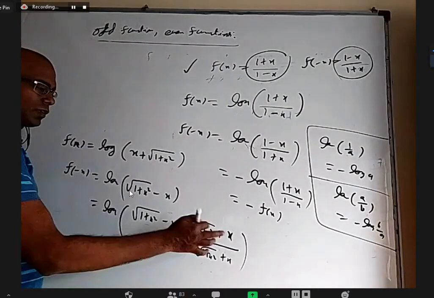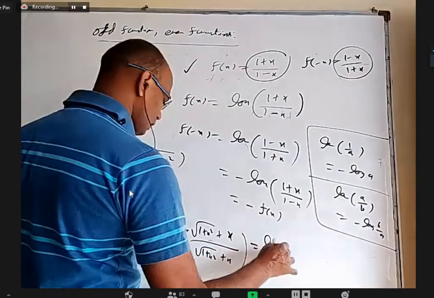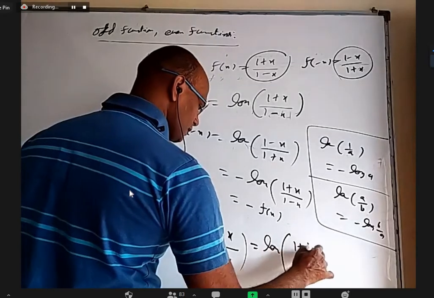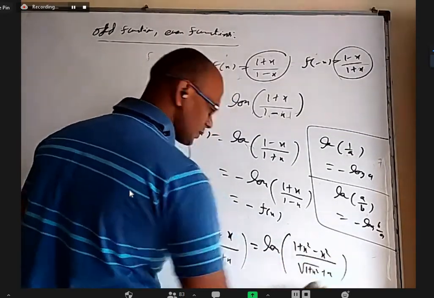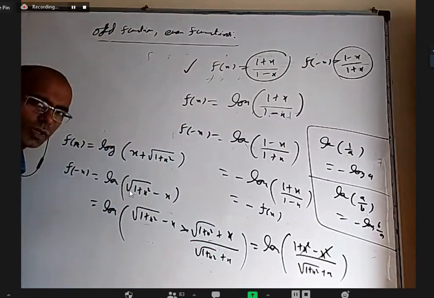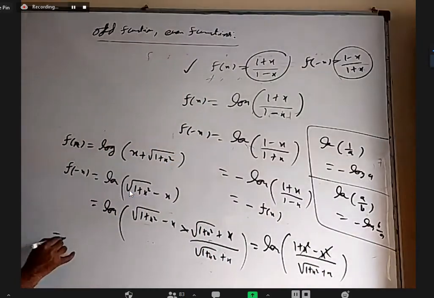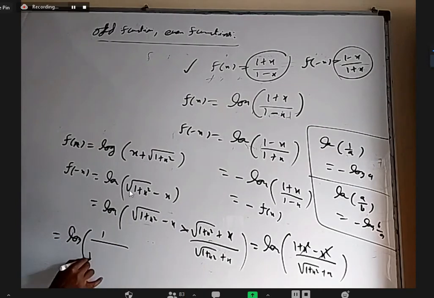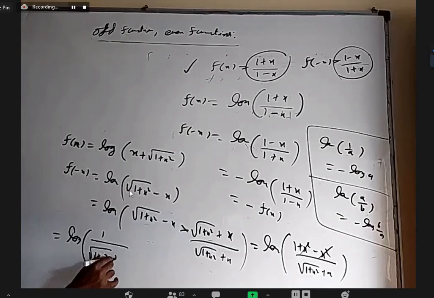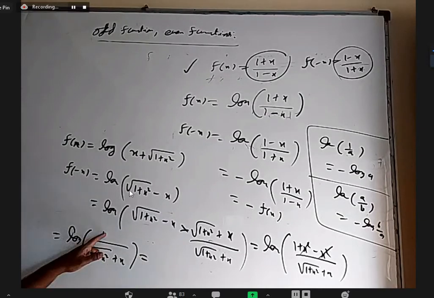What is a minus b into a plus b? A square minus b square. So I'll get log of 1 plus x square minus x square by root 1 plus x square plus x. When I cancel x square, what do we get? Log of 1 by root over 1 plus x square plus x. Log 1 by a is minus log a.